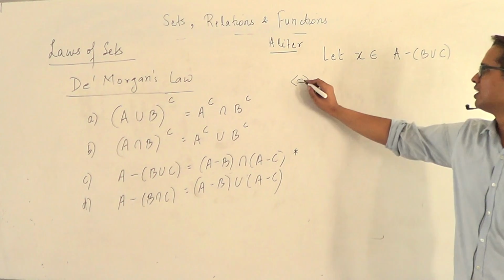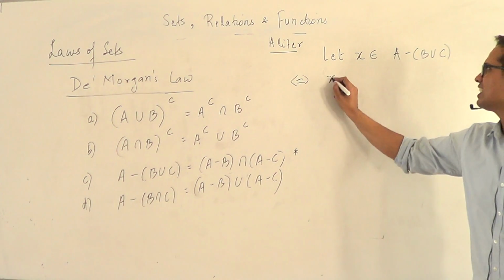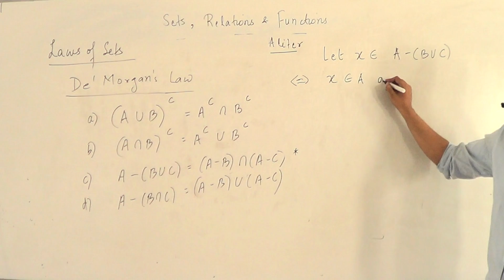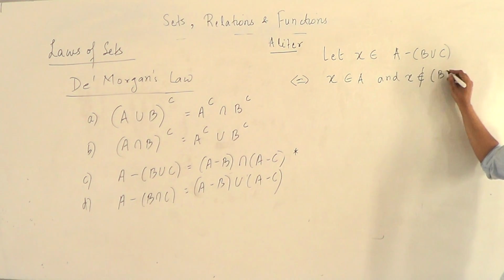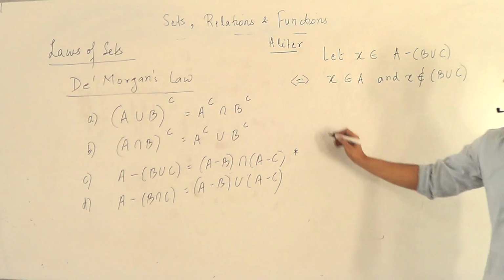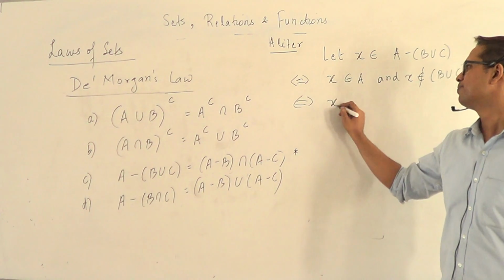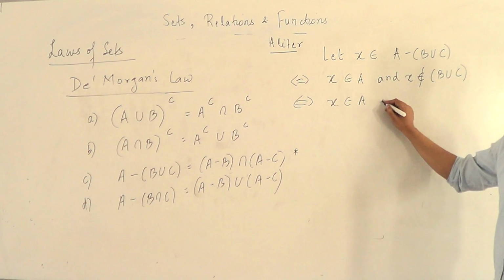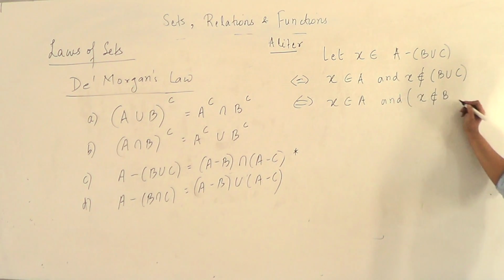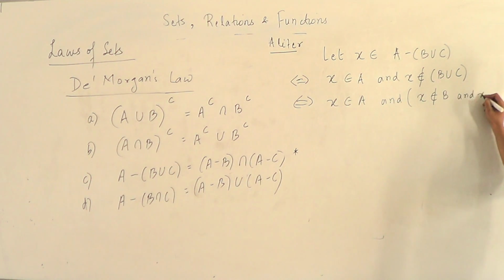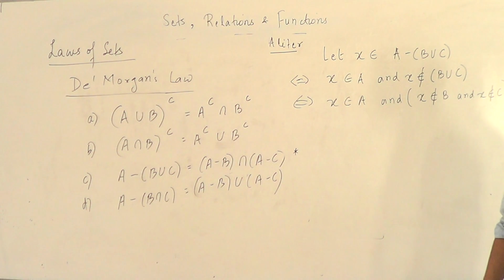Which implies X is an element of A and X is not an element of B union C. Therefore, X does not belong to B, X does not belong to C. Which implies X belongs to A and X does not belong to B and X does not belong to C. Here you put intersection.